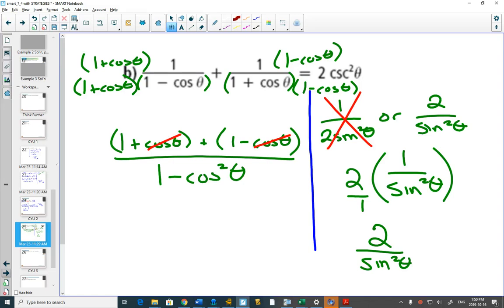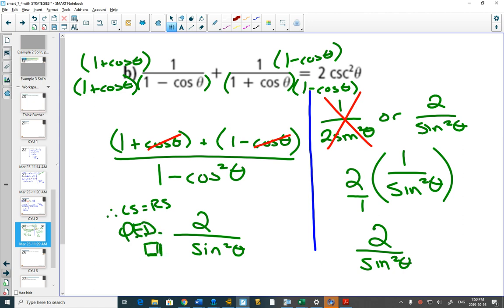Here's a really important one. 1 plus 1 will become 2. And what can I change 1 minus cos squared to? To sine squared. And we're done.